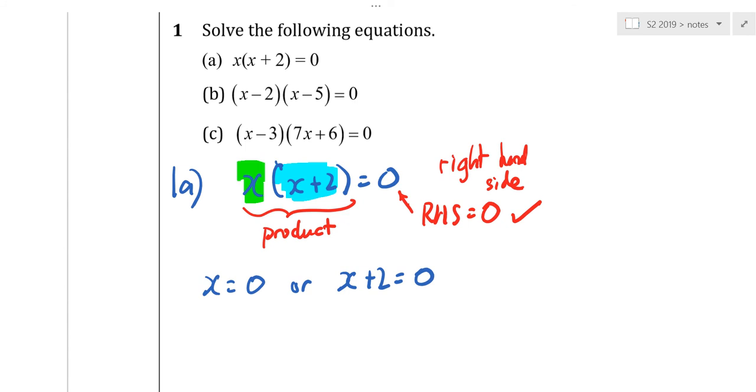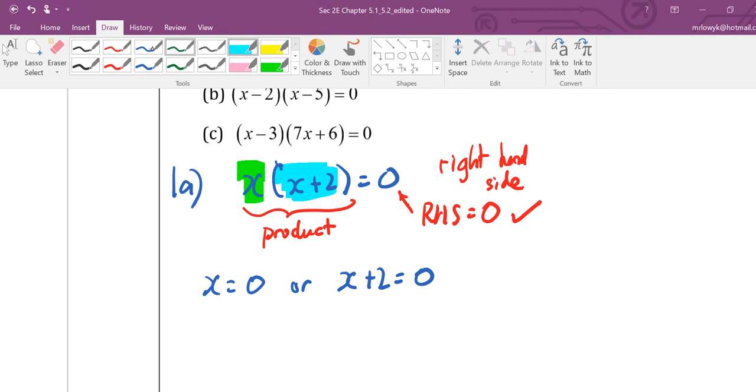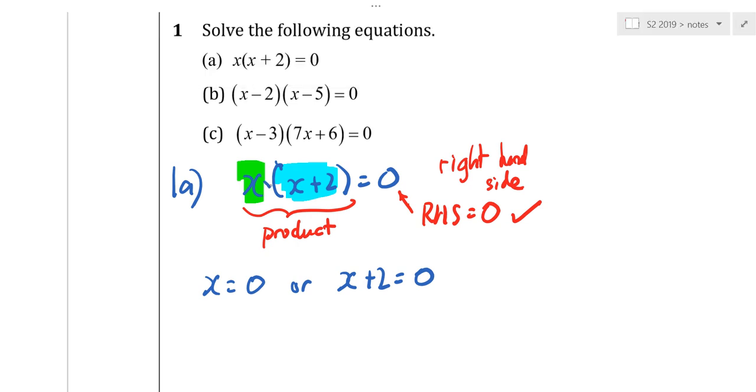Does it make sense? Is it less confusing if I write that? Yes, that's why there's an either or. You don't expand it. You keep it as something.